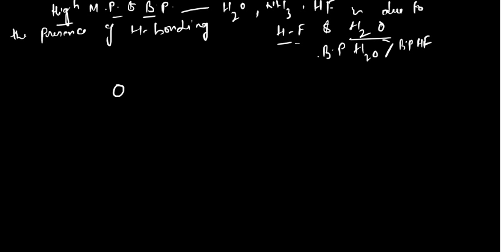Let's look at the structure of water to understand some of the properties, like why the density of ice is lower than liquid water. So here you have oxygen, here again you have hydrogen, and this is electronegative.